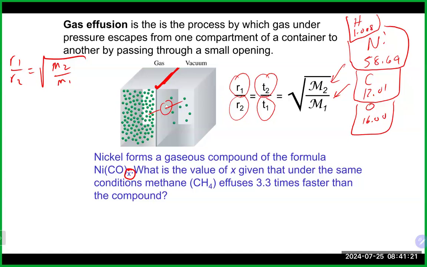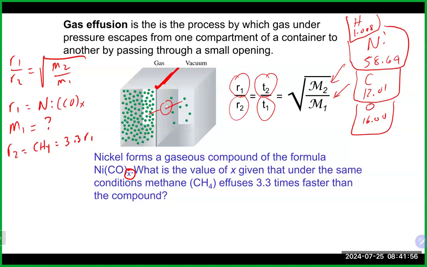So if I go with R1 as the rate of my unknown, my nickel, carbon, oxygen compound, then M1 is obviously what we're looking for. What we know is that methane effuses 3.3 times faster than the compound. That means that R2 would be our methane, and it is 3.3 times faster than R1.